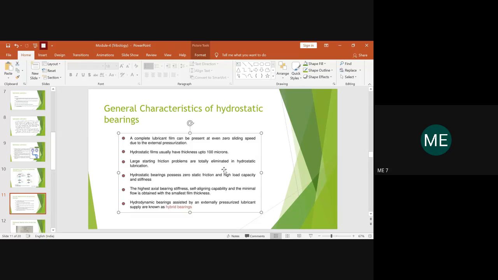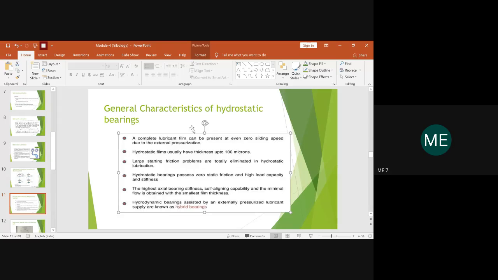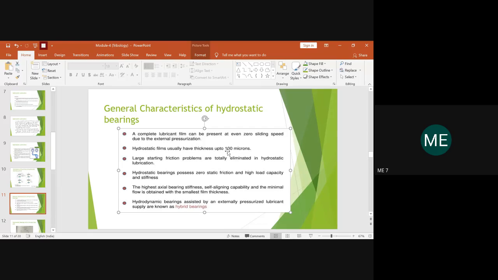So what are the basic characteristics of hydrostatic bearings? Here you have to see that the hydrostatic films being developed will be of a thickness up to 100 microns. This is the upper limit wherein you can use a hydrostatic film. Remember, it won't be in mm, it is in microns, 100 microns only. This is one thing you have to keep in mind.